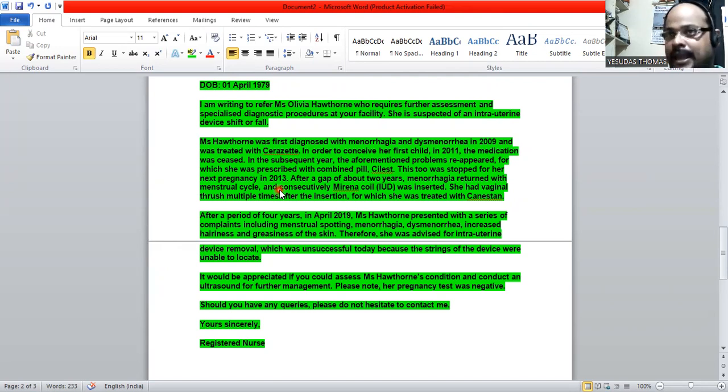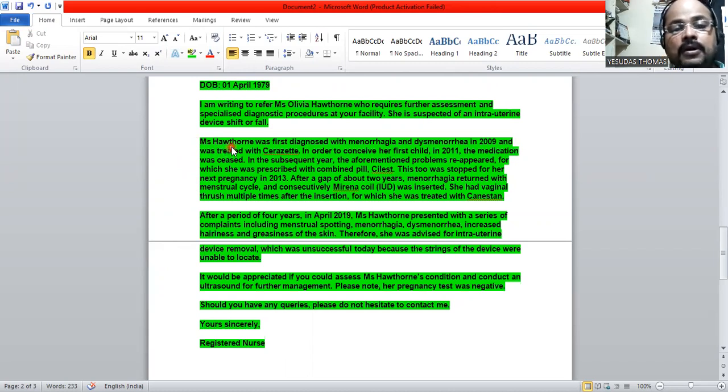So we can say that treatment was given first, treatment was given second, still the problem was persisting. So that is the reason why the intrauterine device was inserted. So that history I need to present. That is the first paragraph. So let us go ahead and see what is there.